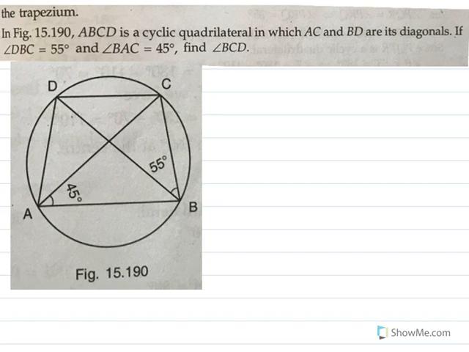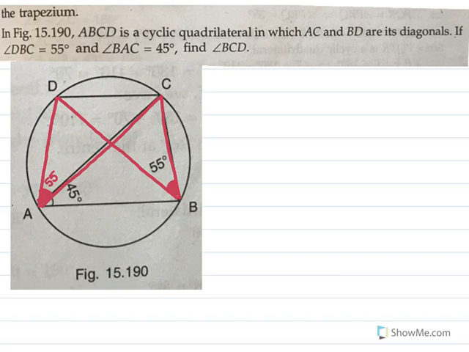Now in this figure, let's look at angle 55. This is angle 55, CBD. Here is angle 55, and this angle 55 is also equal to angle CAD. This also will be 55, angles in the same arc or in the same segment.